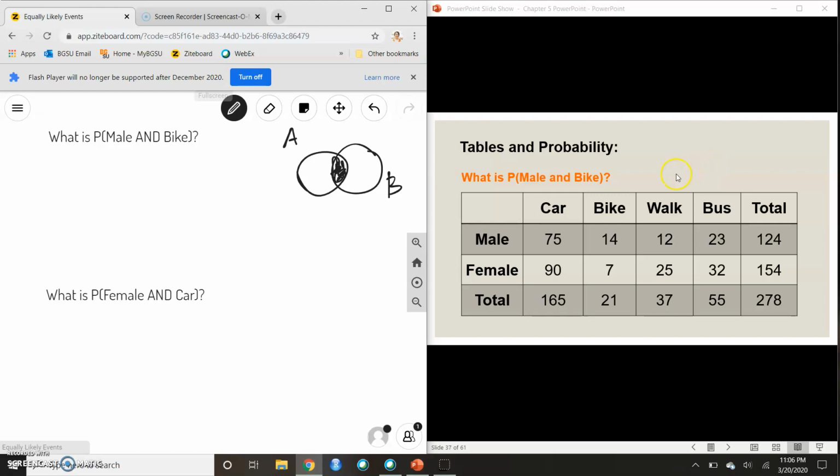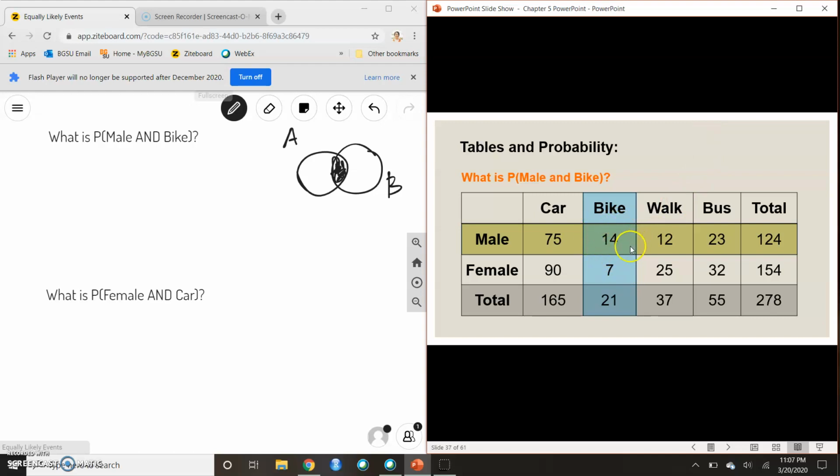The same thing for when we're using tables. We want to find where the two events intersect on the table. So here, we're going to look at the column or row with male. We're going to look at the column or row with bike. Here we see that they intersect, they overlap at this number 14.